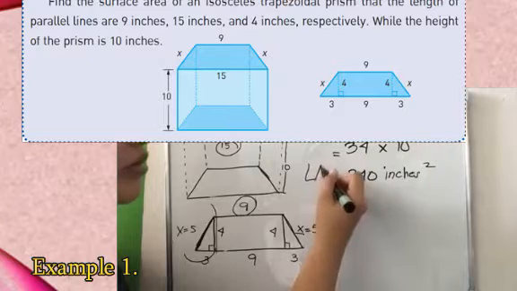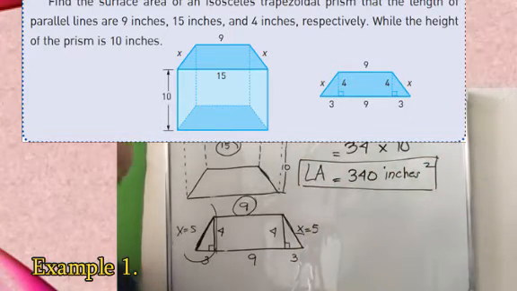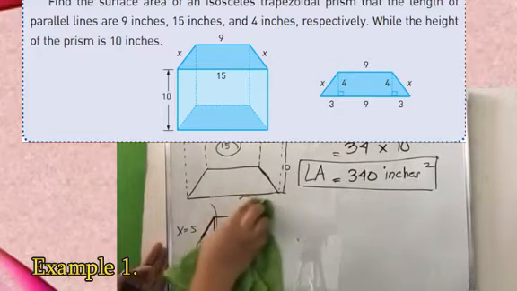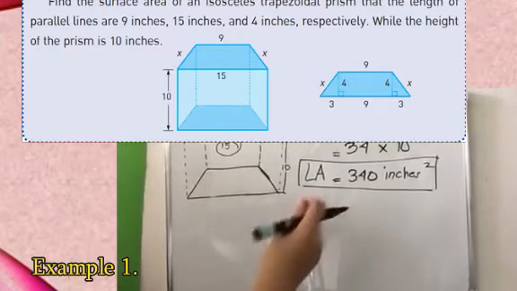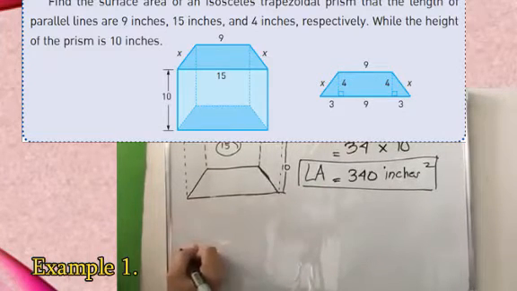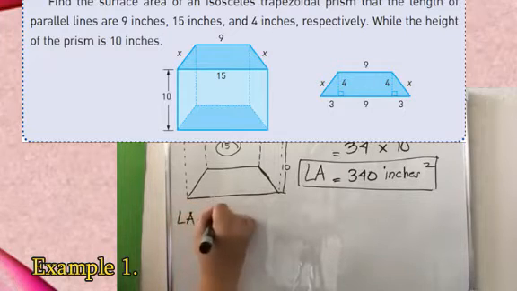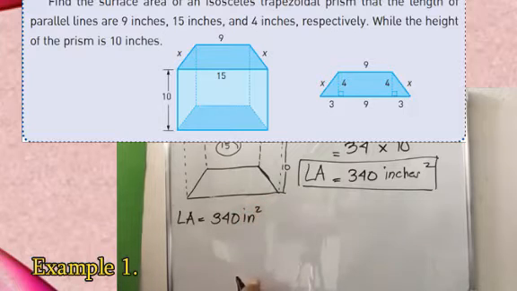So that is our lateral area. I will erase this and write here that our lateral area is equal to 340 inches squared.